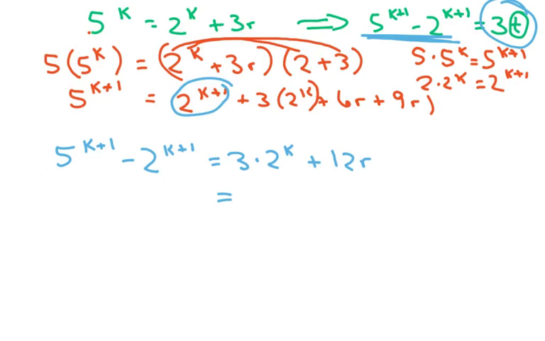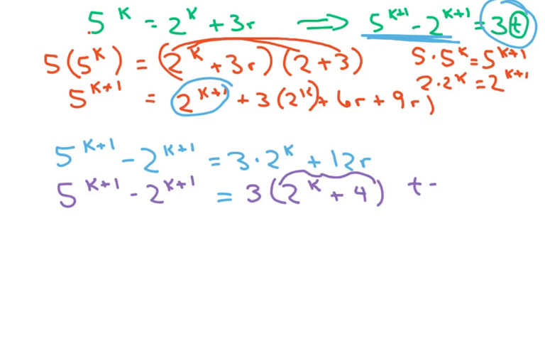So on this side I'm going to factor out 3, and you'll get 2 to the k plus 5r. Alright, so we have 5 to the k plus 1 minus 2 to the k plus 1 equals this. Now I'm going to also call this t. I'm going to let t equal 2 to the k plus 5r.